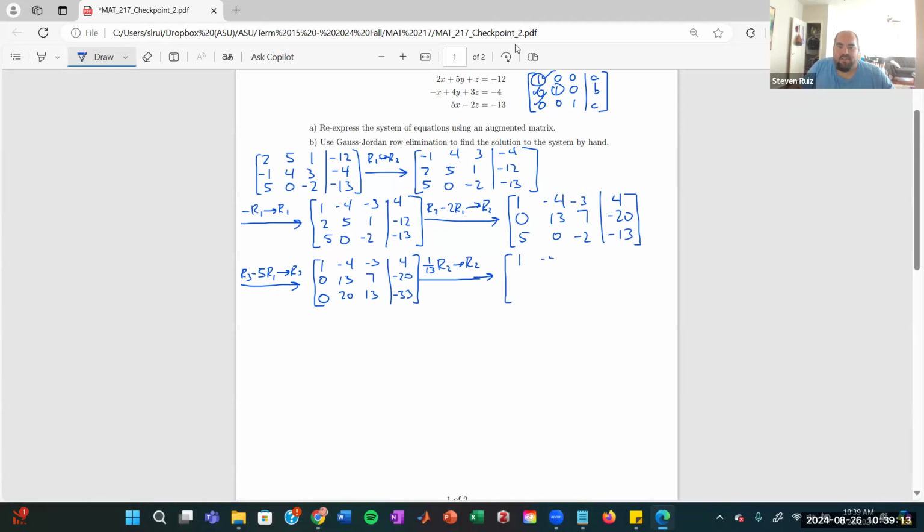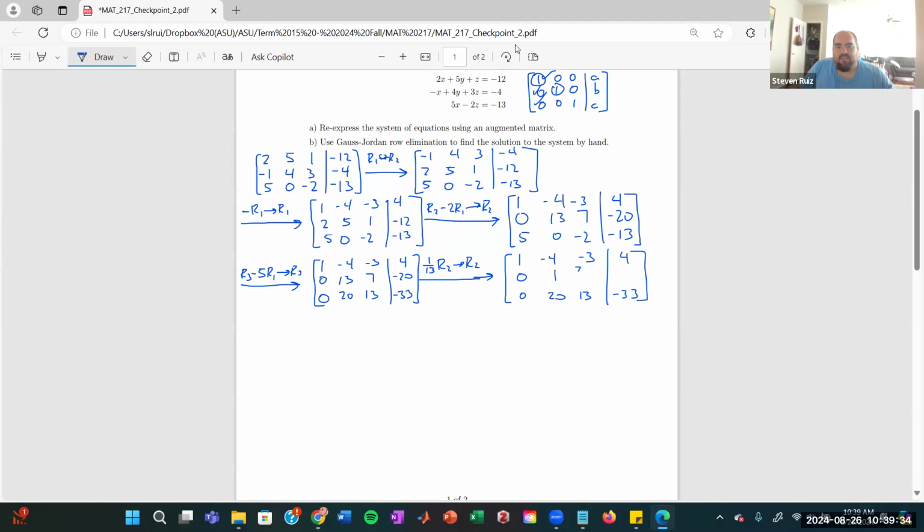So first thing I'll do is put my 2 rows that I'm not changing back. And then what happens to row 2? 0 over 13 is 0. 13 over 13 is 1. 7 over 13 is 7/13.